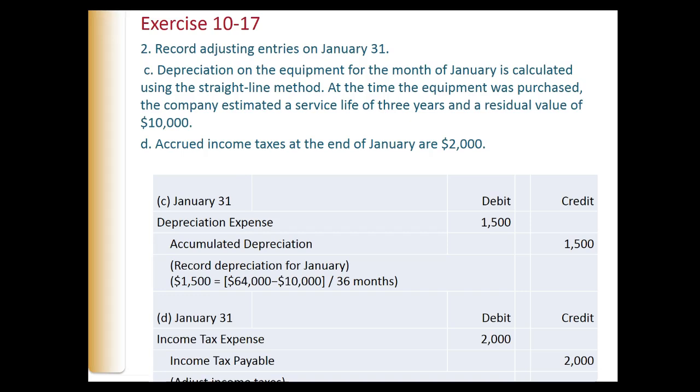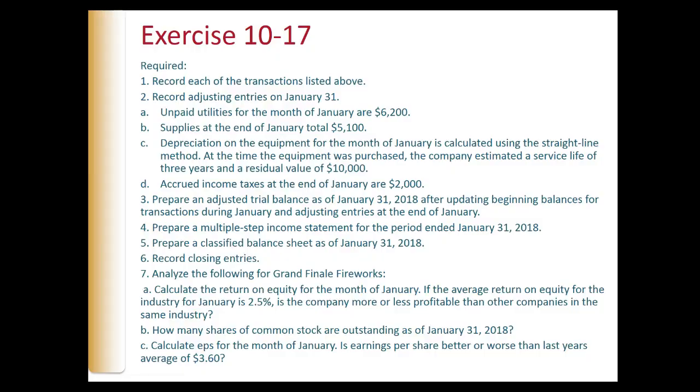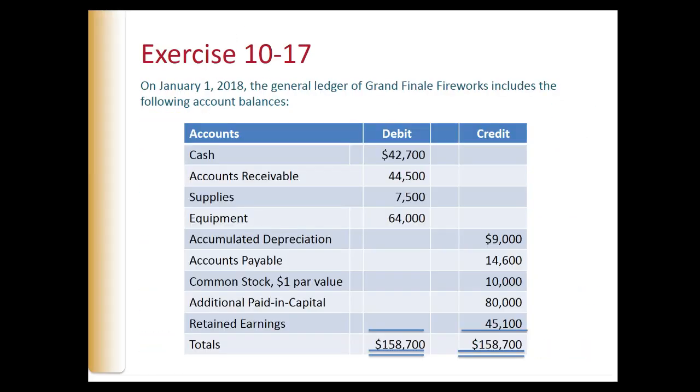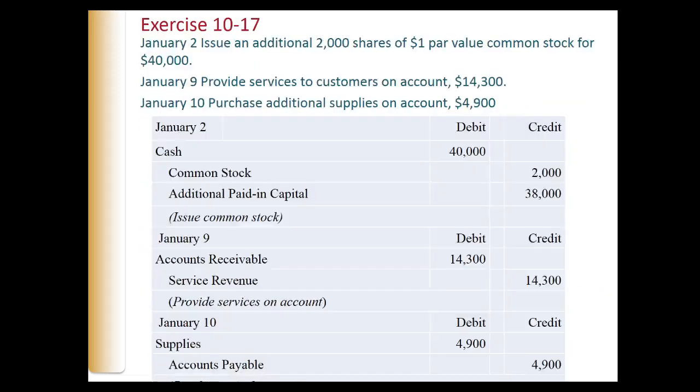Now C, depreciation on the equipment for the month of January is calculated using the straight line method. At the time the equipment was purchased, the company estimated a service life of 3 years and a residual value of $10,000. So in order to figure out the depreciation, we will go back here to the front to see our equipment is $64,000.